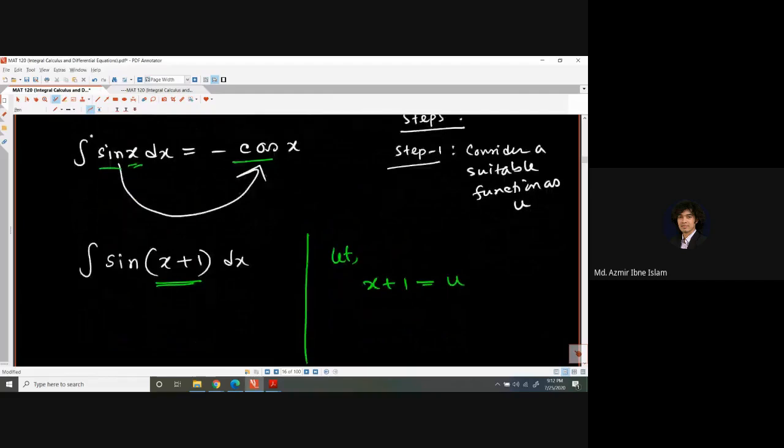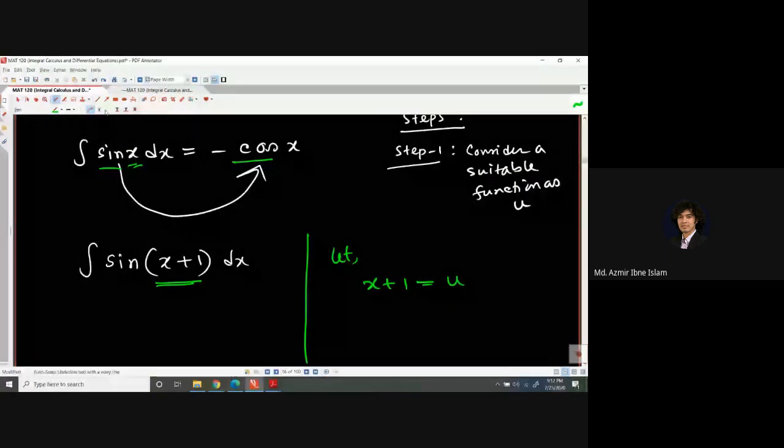This part is important. I have mentioned that the function should be a suitable function. That means whatever function we have considered here may or may not be suitable. Why I am using the word suitable, you will understand later. But at first, let me show all the steps.